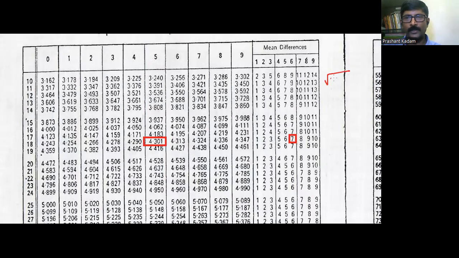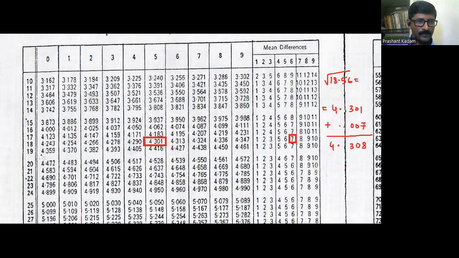So the value is 4.301, plus there is a mean difference of 7, so we're going to add 0.007. It will become 4.308 as the square root of 18.56.